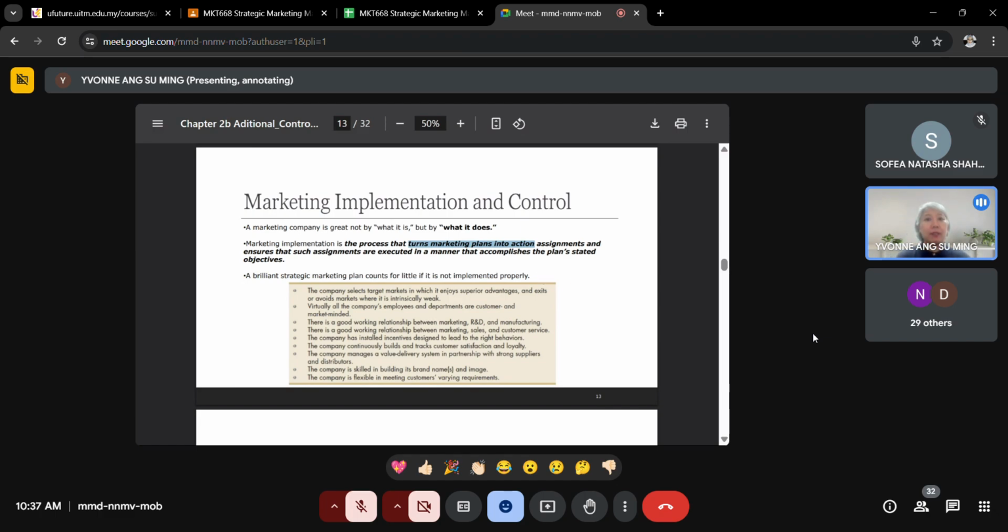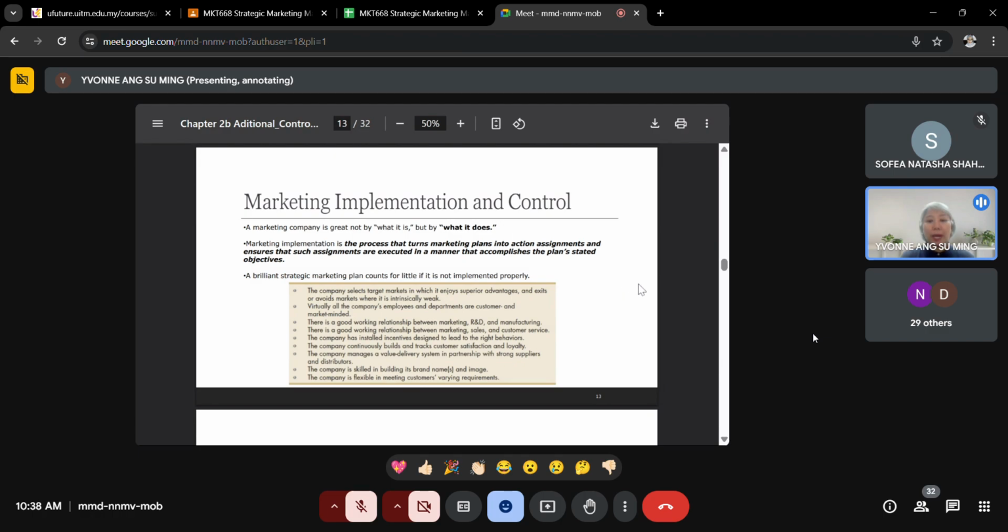Okay, and what's important here also is that kita nak make sure yang actions kita are executed in a manner that accomplishes the plan's stated objective. Okay. So bila kita plan, you already know that we actually set dia punya goals dan dia punya objectives. Untuk 1 tahun tu kita nak capai apa? Kita set sendiri sebagai marketing department yang sedang usahakan marketing plan tersebut. Right? Then after that kita dah ada plan, kita kena make sure that kita implement plan tu.